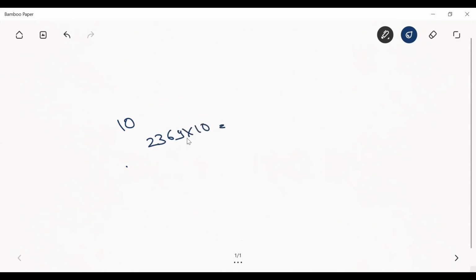We will simply write 2369 and without doing anything, we'll just put a 0 over here. Howsoever many zeros there are, 1, 2, 3, 4, any number of zeros, that many zeros we will put next to the number.